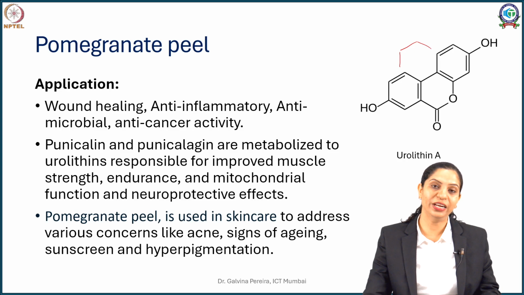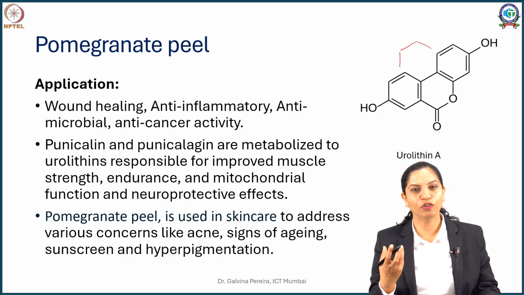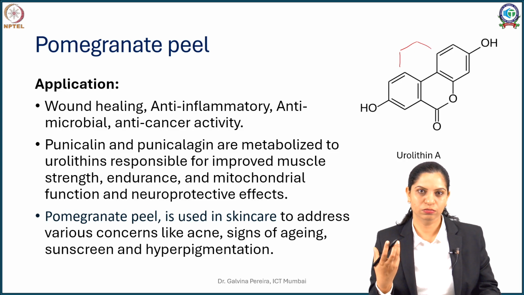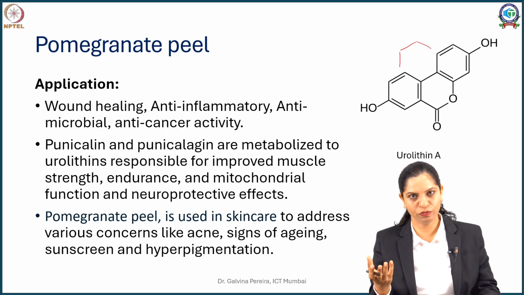Now this urolithin interestingly has good amount of mitophagic activity, like in cases of a malfunctioning mitochondria, it pushes it to undergo mitophagy, and your mitochondria which are unwanted, which are not working well, are done away with by the body. You can have an anti-aging property because of this.